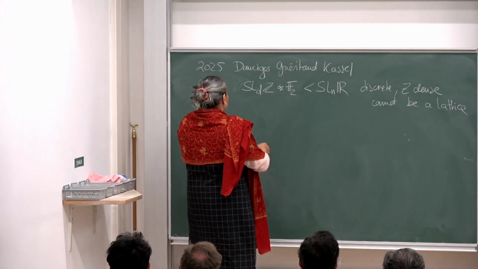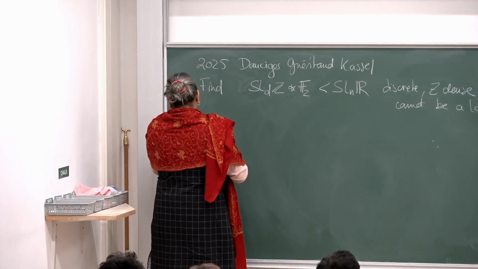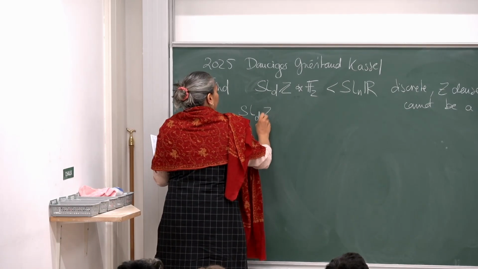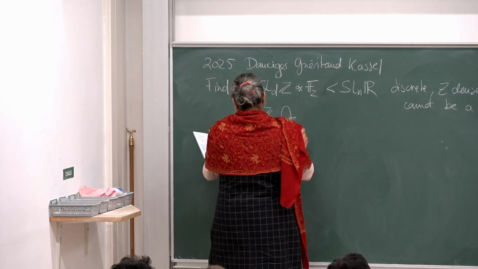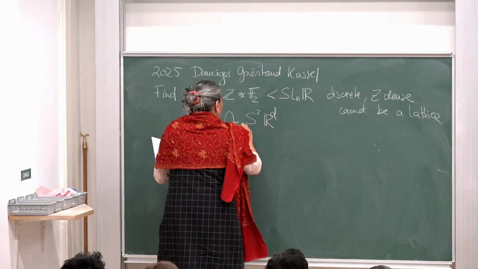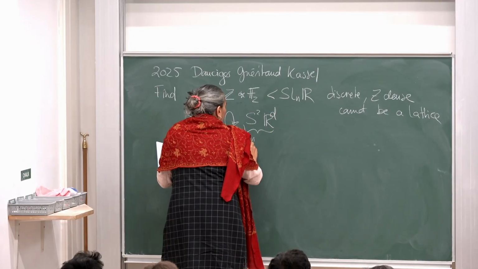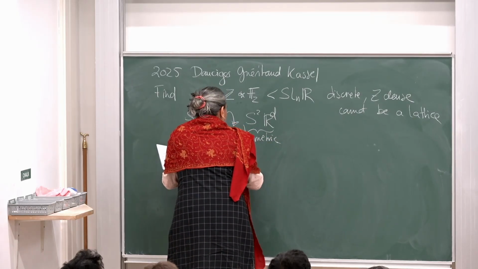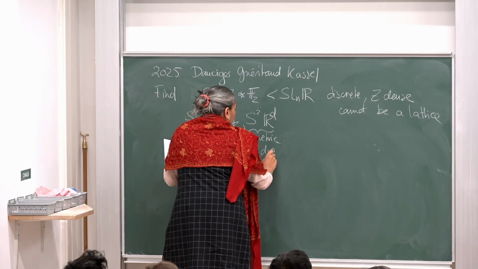And right, the way they find it is they take SLDZ and they make it act on S2RD, which is the symmetric real D cross D matrices.